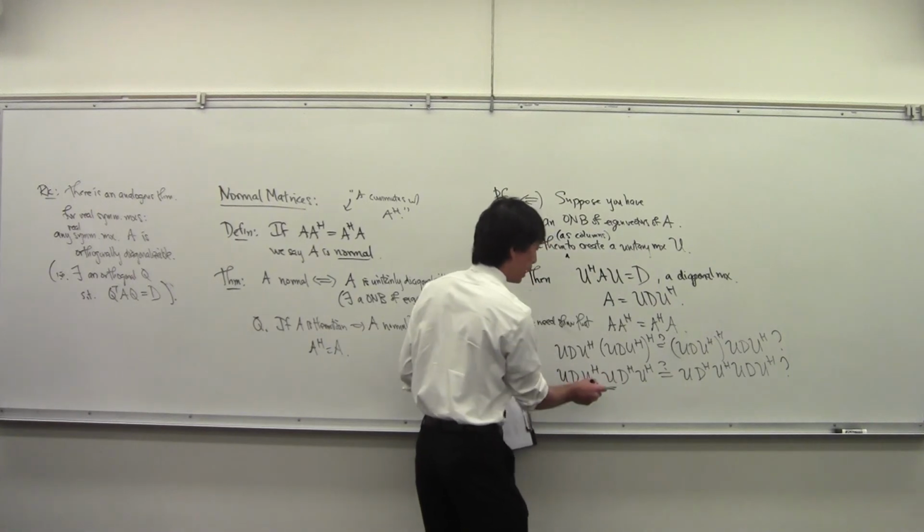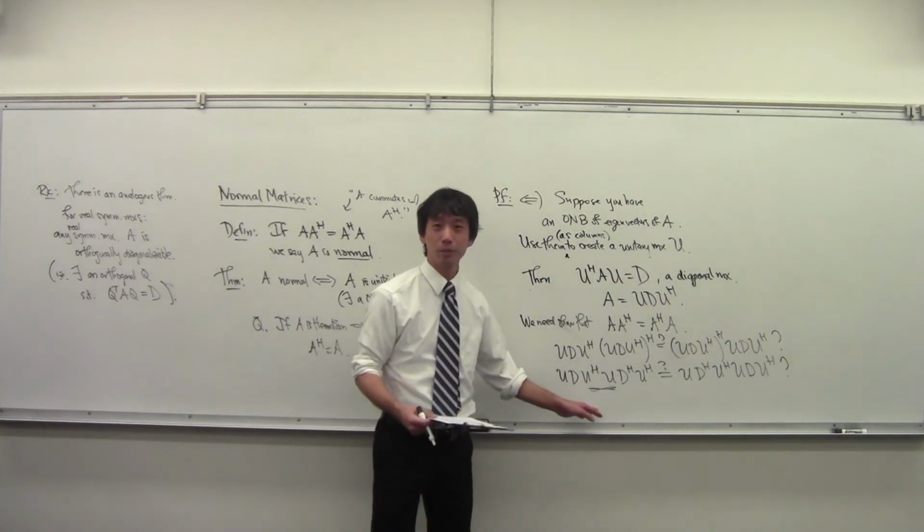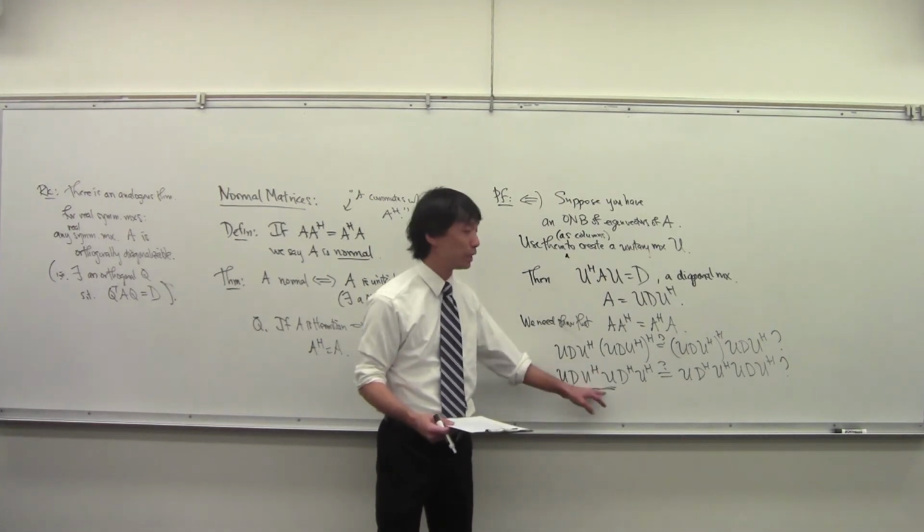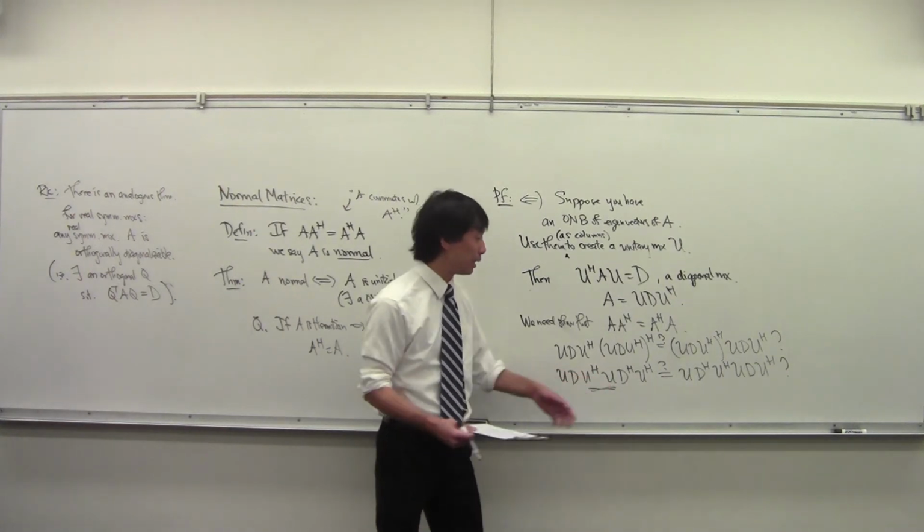But UHU is what? U is unitary, so UHU is the identity matrix.